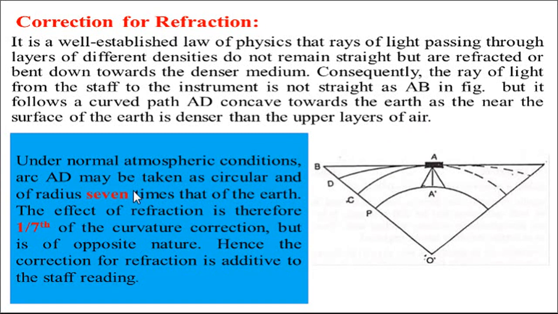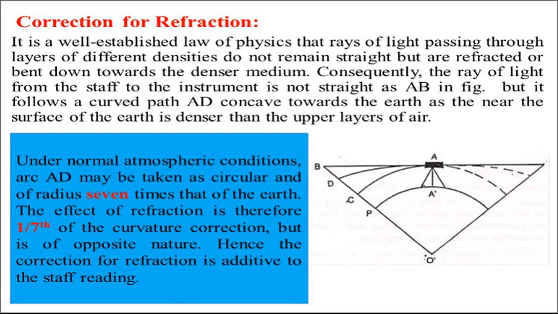Under normal atmospheric condition, this arc AD may be taken as circular and of radius 7 times that of the earth radius. Hence the effect of refraction is 1/7 of the curvature correction, but is of opposite nature. Hence the correction for refraction is additive to the staff reading.